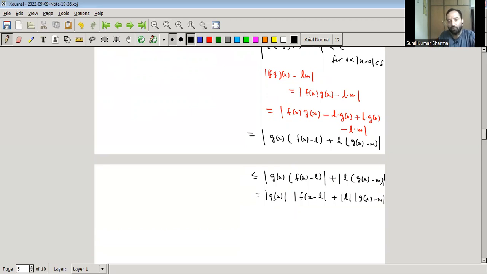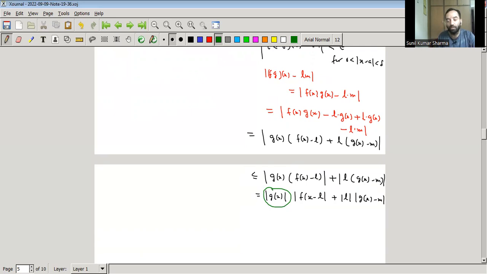If you look carefully, in the first term, the g(x) that has come is mod g(x), and this is not a fixed number. According to this, if you take x equal to x1, then mod g(x) is some number. If you take x equal to x2, then you get another number. So this is not fixed.